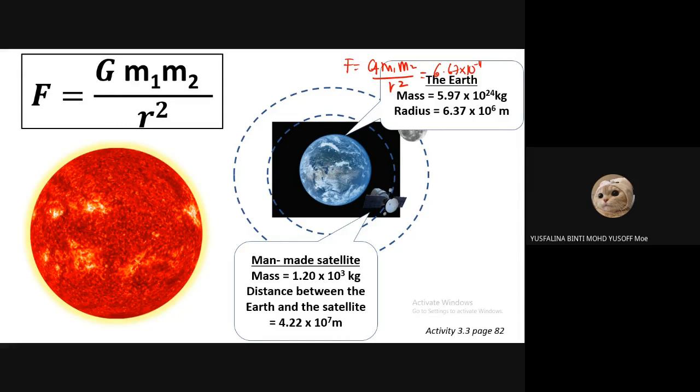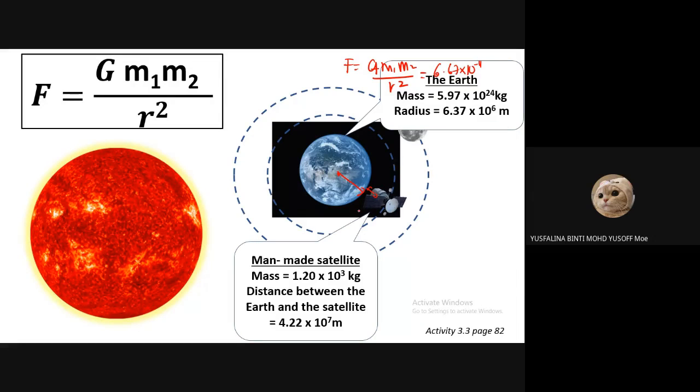Be careful with the R. Because actually the R is the radius of the Earth, right? But now you have to calculate the force between the Earth satellite and the Earth. So there is still some distance here. The radius is only from here to here.